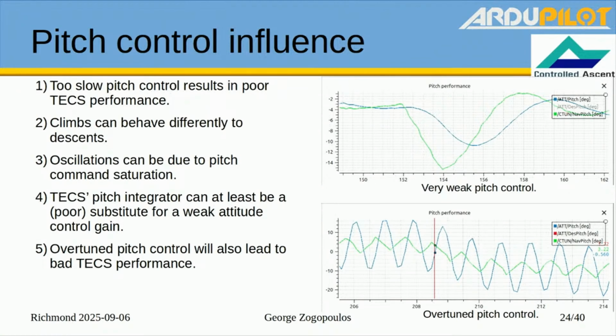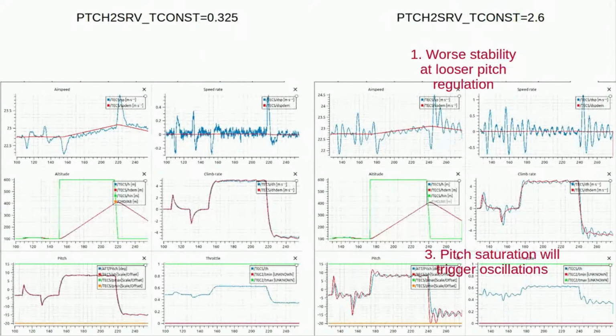So on the right, it's a case of a very weak pitch tune. On the left, it's the nominal case. So indeed, we see that we get looser pitch regulation. When we get a looser pitch regulation, yes, as we expect, we see worse oscillations on the airspeed regulation as well.